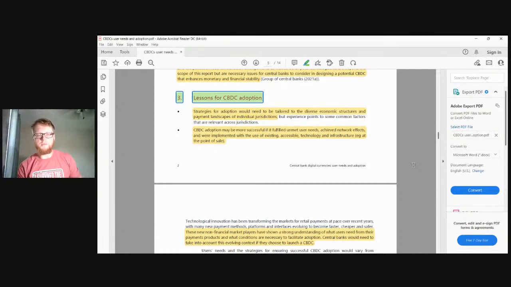So also the best way to have a central bank digital currency be adopted would be to have it fulfill some unmet needs from users, right? So to have a consumer adopt it, it would have to fill a need of a consumer that isn't already fulfilled in the system. And that's probably one of the reasons why one of the main selling points for this is financial inclusion.